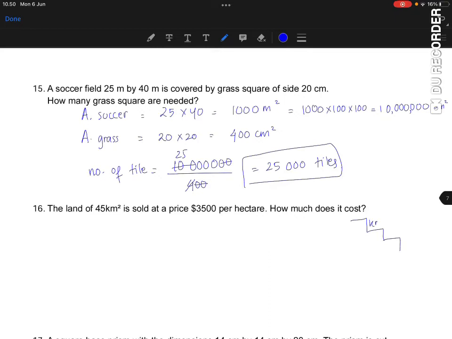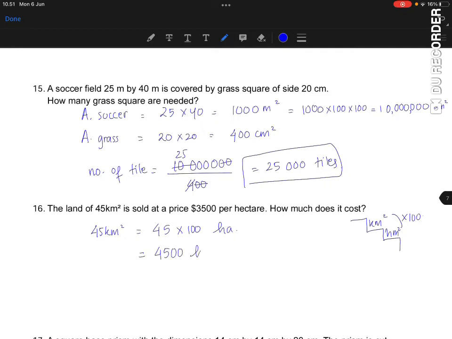So at first you have kilometer and hectometer. Kilometer to hectometer, you need to go down once only, so multiply by 100. So 45 kilometers square is going to be 45 multiplied by 100 hectares, or hectometer square. So you will have 4,500 hectares.